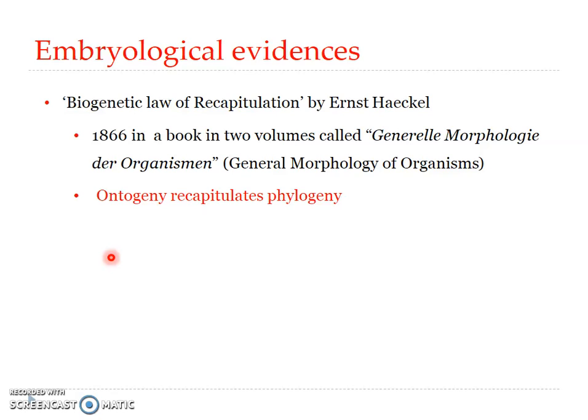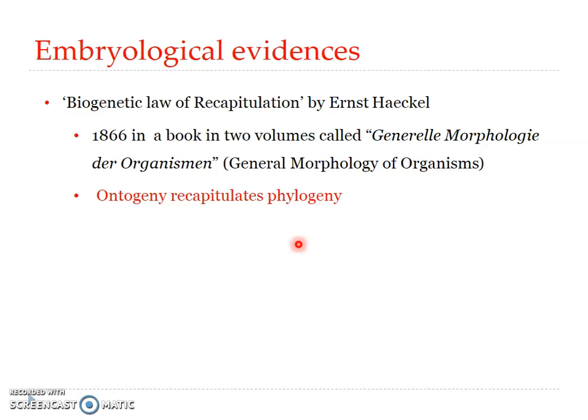Ontogeny means the development of an organism, or the different stages in the development of an organism from zygote to adult. And these different stages are collectively called ontogeny. That is the development of an organism. Now phylogeny is the evolution of a species from another species.